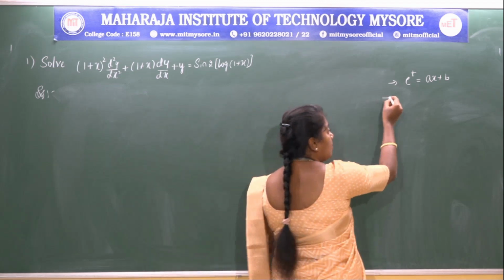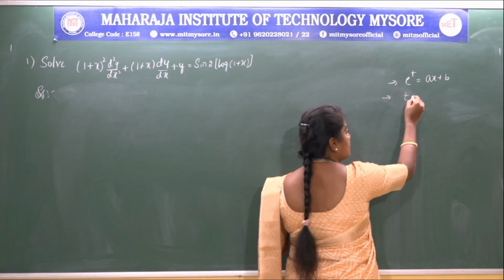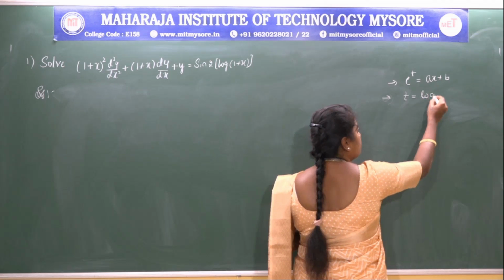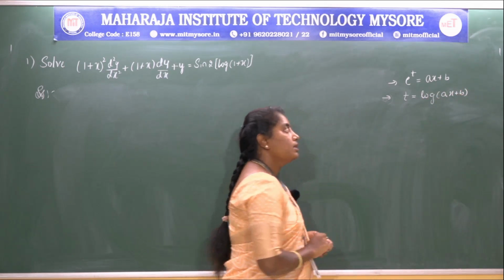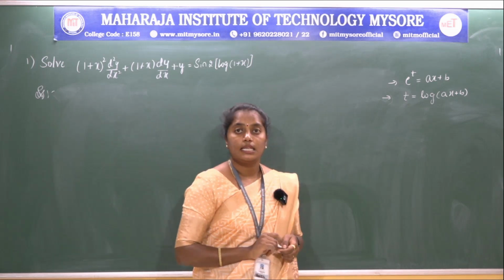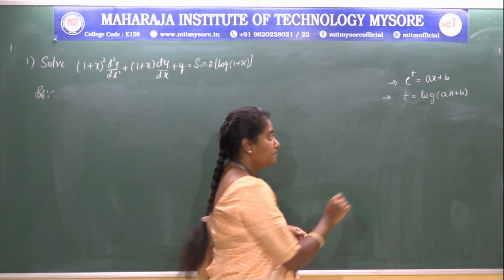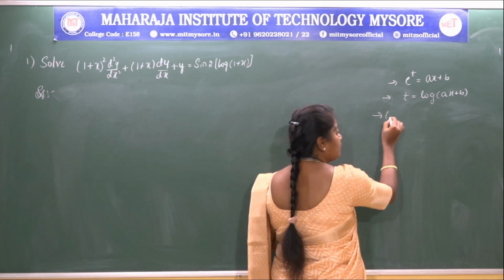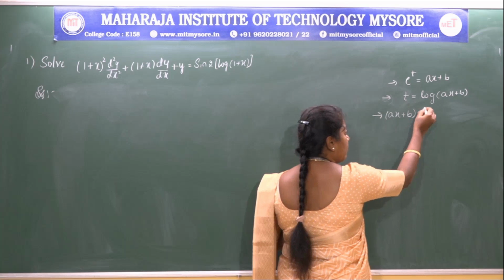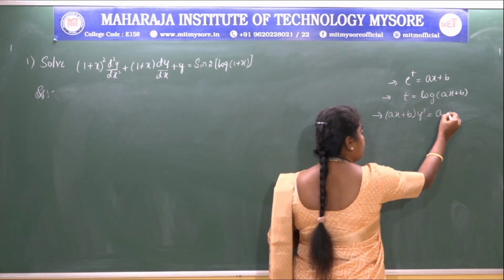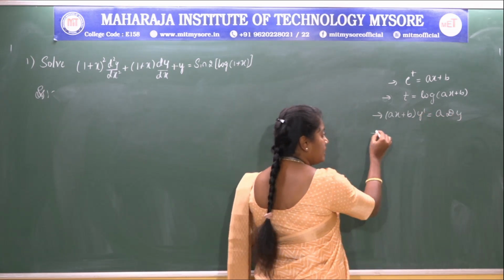In the next step, on applying log, we get t is equal to log of (ax plus b). If e power of t is equal to ax plus b, then t is equal to log of (ax plus b). Then the first derivative element, (ax plus b) into y dash, is equal to a into Dy.